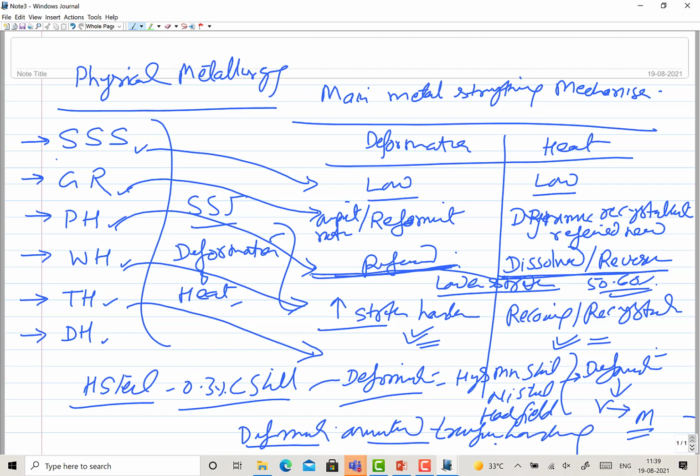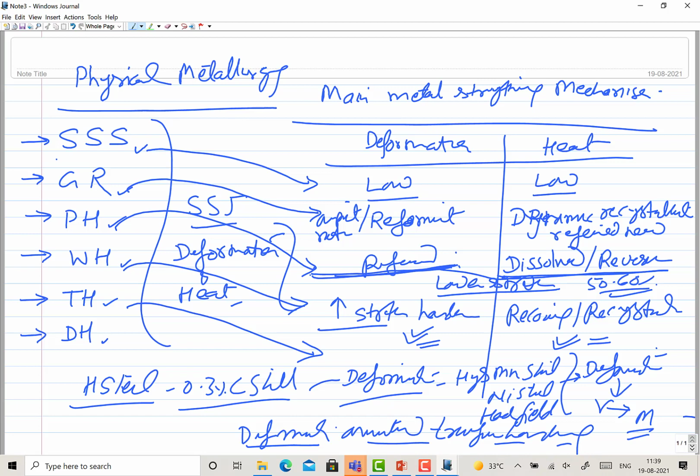So Hadfield steels are used to make components which will be subjected to shock loading or a higher level of stresses during service.